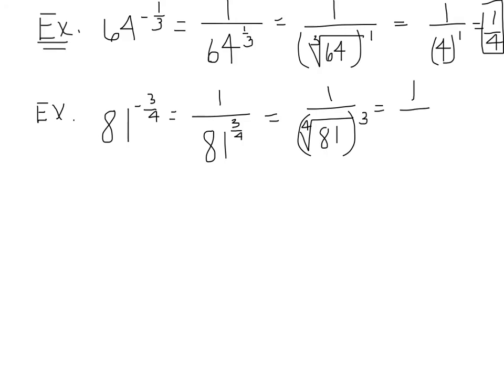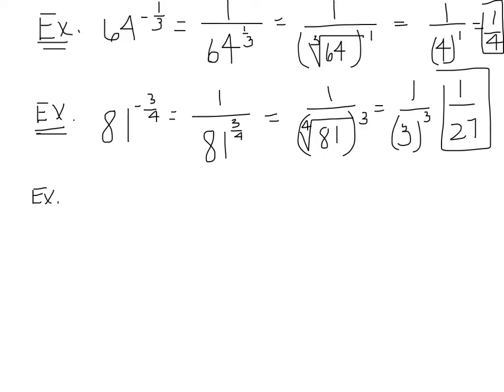The 4th root of 81 is 3. Raise that to the third power, I'm going to get 1/27. Okay? And then even if you're multiplying or dividing with rational exponents, the rule still remains.